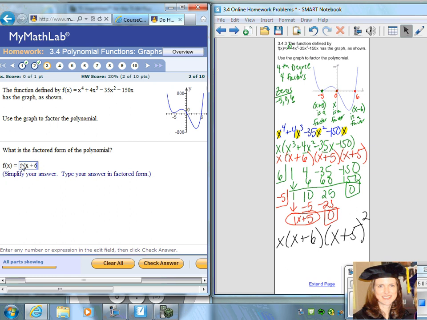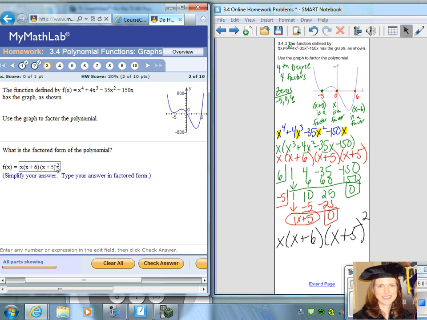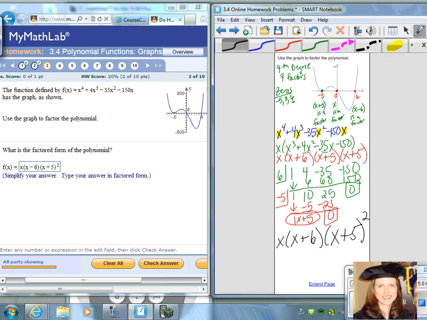And check our answer. Okay, sorry, I did make one mistake here. I apologize for this, this should be a minus 6. x minus 6 is a factor, not x plus 6.